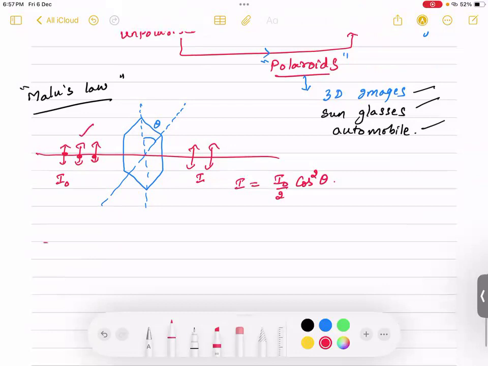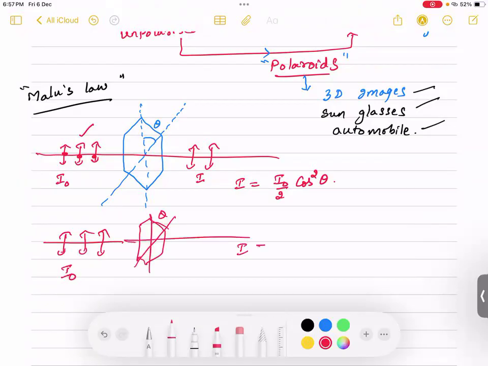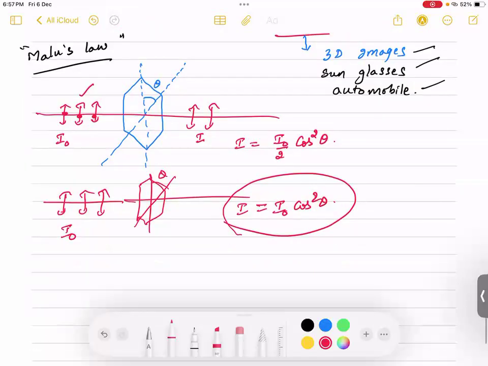Suppose the incident light is polarized, then the emergent polarized light will be just I naught cos square theta. So in the exam, if they ask what is Malus law, just write: Malus law is given by I is equal to I naught cos square theta. What is I naught?